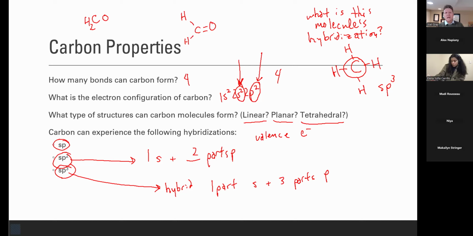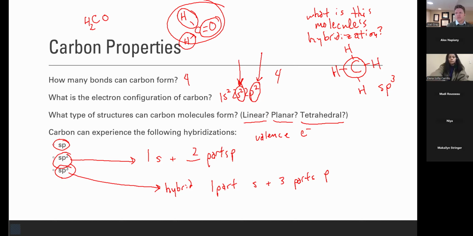I'll say, what's the hybridization of this carbon in this molecule? And then you say, before you answer that hybridization question, look at that and say, all right, well, here's one thing that the carbon's bound to. Here's another thing the carbon's bound to. And here's a third thing. Even though this oxygen has a double bond, it is still considered one thing.